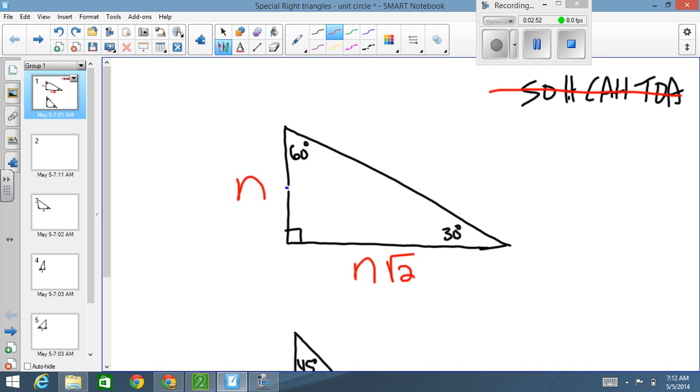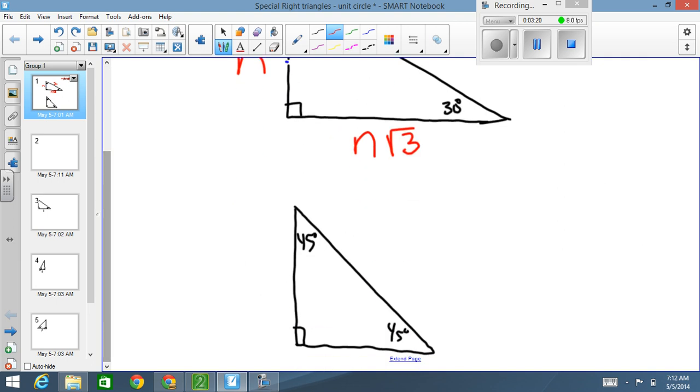And my longest side is going to be whatever that shortest side was times 2. So my longest side is going to be the shortest side times 2. My middle side is going to be the shortest side times radical 3.